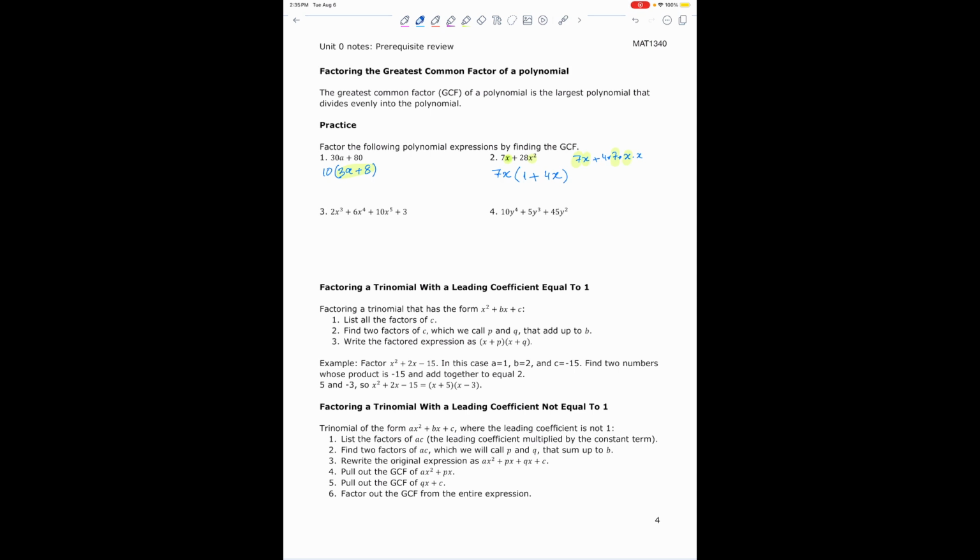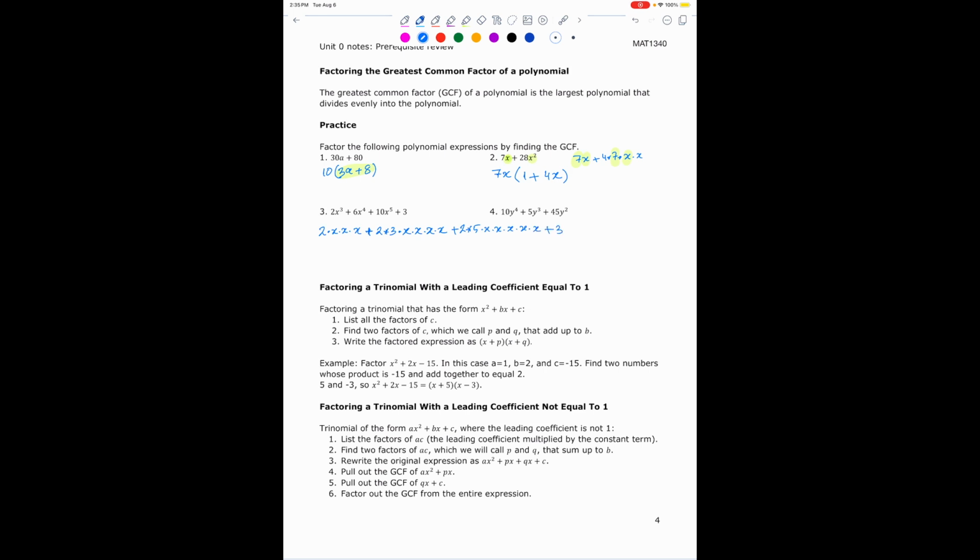If I wanted to break this down, this is basically 2 times x times x times x, plus 6 is 2 times 3, so 2 times 3 times x times x times x times x, plus 10 is 2 times 5 times x, x, x, x, x, and then the last one is plus 3.